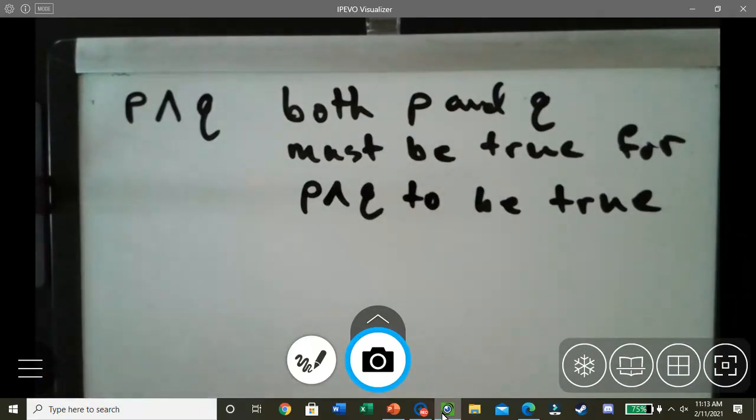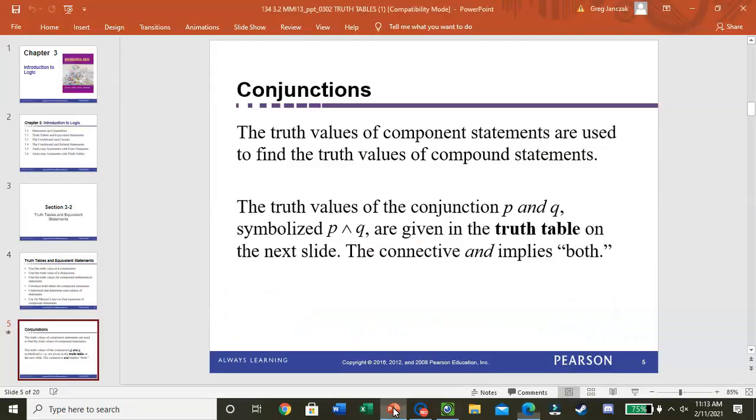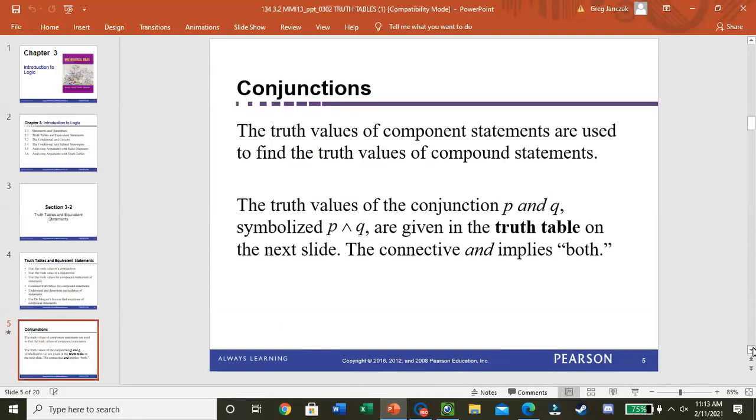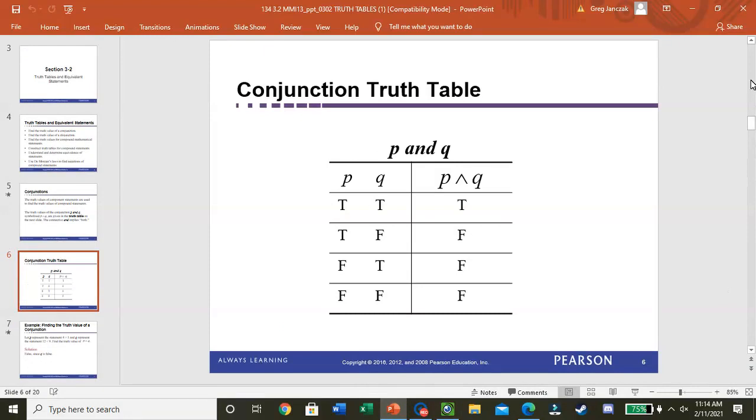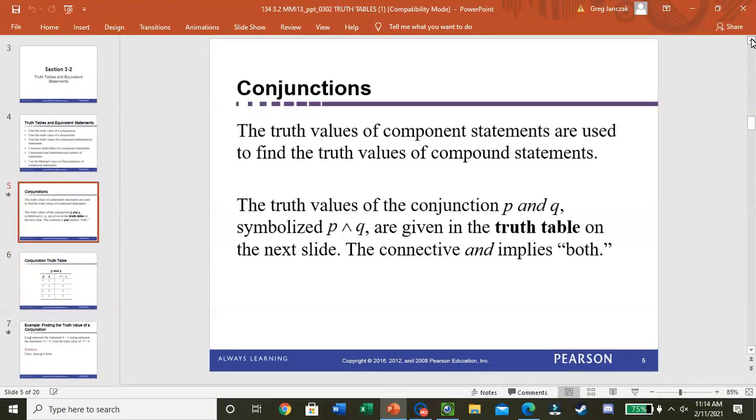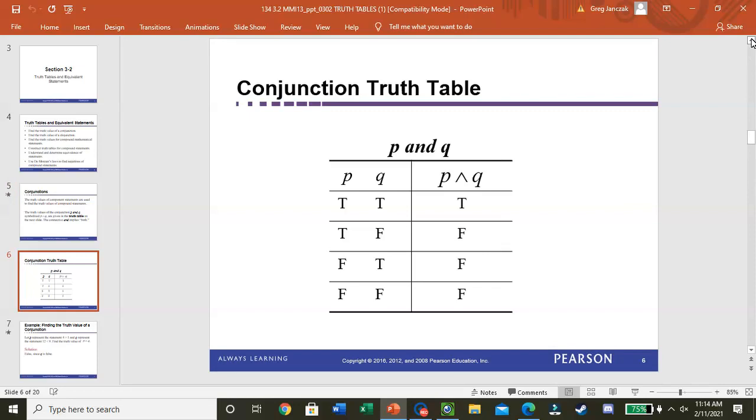All right, so let's see what that looks like on the truth table. Okay, so you're always going to start off with the left side being P is true, Q is true, and then P is true, Q is false, and then P is false, and Q is true, and P is false, and Q is false.